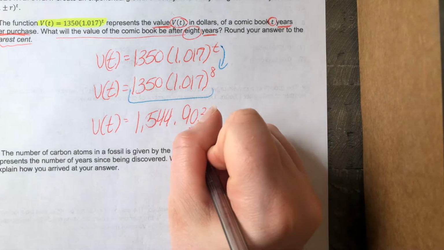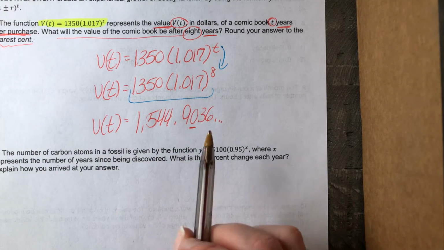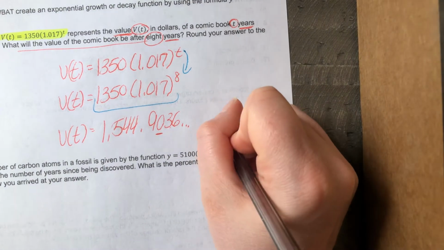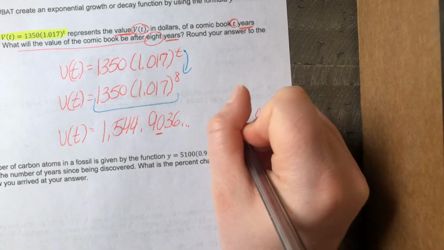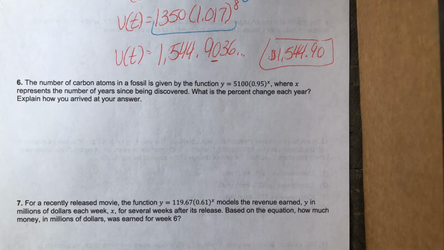I know that cents, or change, is 2 places after the decimal. 5 or above, give it a shove, he's not going to move. So my final answer is going to be $1,544.90.